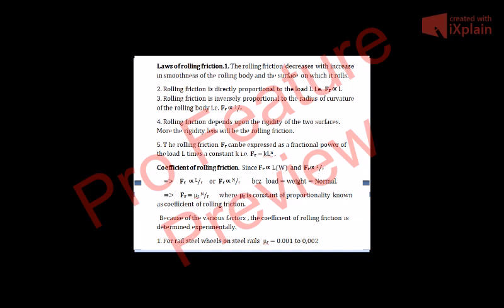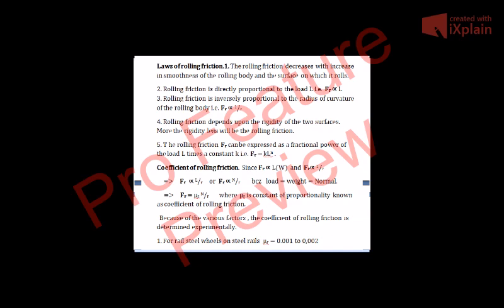So F, that is rolling friction, is directly proportional to L, that is load of the body, or what we call weight of the body. Rolling friction is inversely proportional to the radius of curvature of the rolling body. Means smaller the radius, greater will be the rolling friction, and greater the radius, smaller will be the rolling friction.